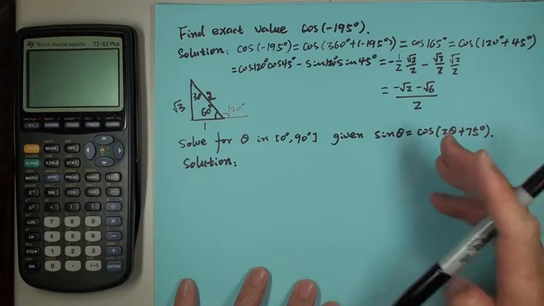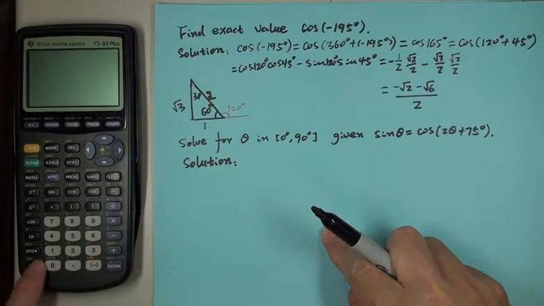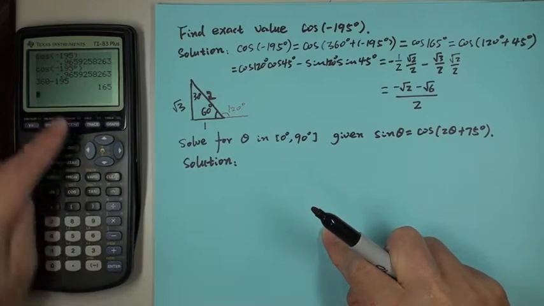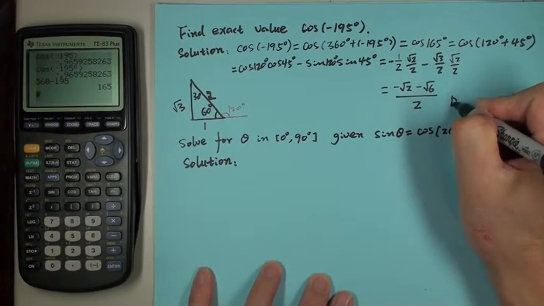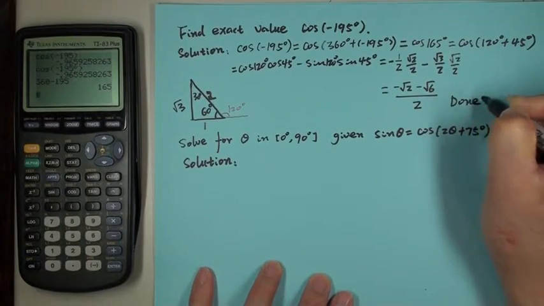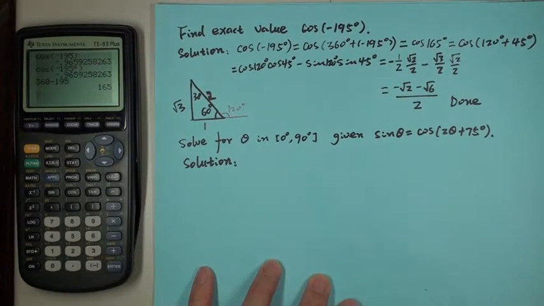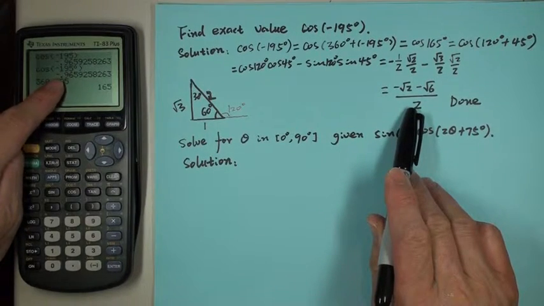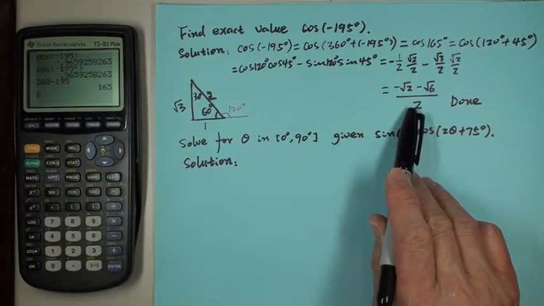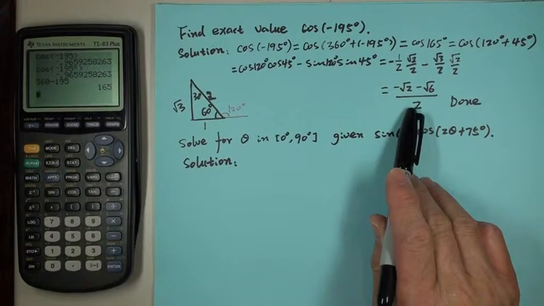Does this value equal the approximate value? You can check, it will be equal. You are done right here. This is what you wanted. Approximately this value should be equal to negative 0.9659. You may calculate to check if this is correct.